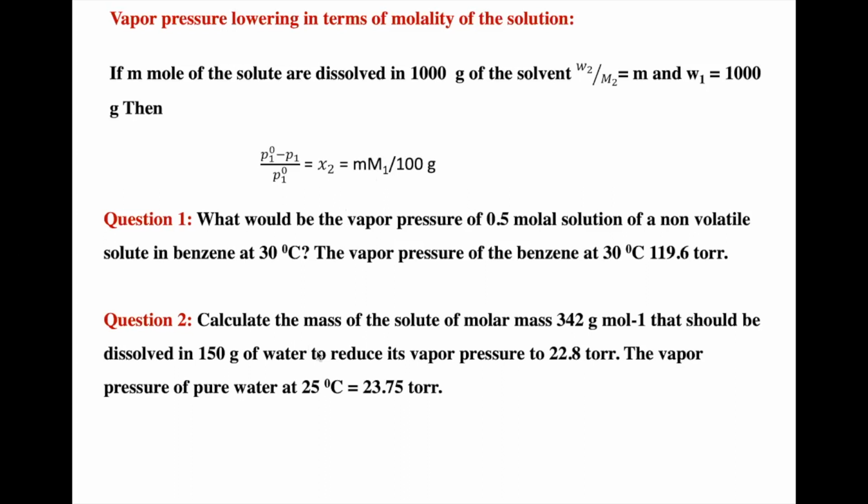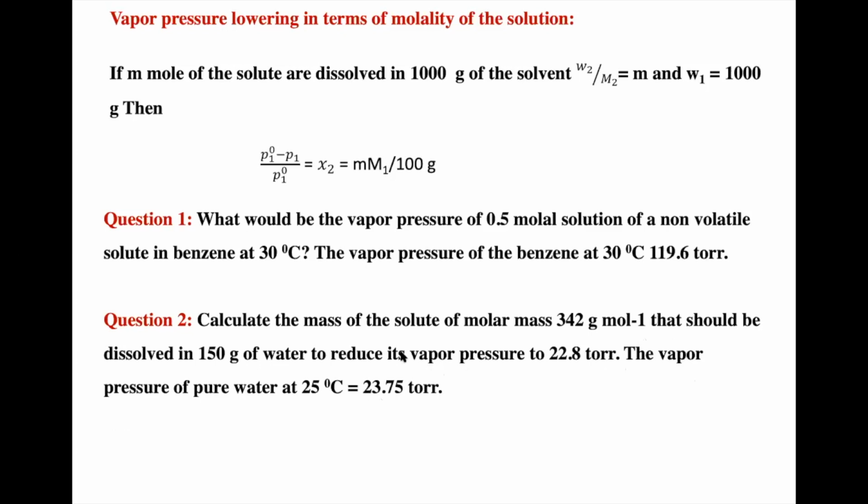Similarly, you can also solve question number 2. In question number 2, it is asking to calculate the mass of a solute of molar mass 342 gram per mole that should be dissolved in 150 gram of water to reduce its vapor pressure to 22.8 torr. The vapor pressure of pure water at 25 degrees Celsius is given.